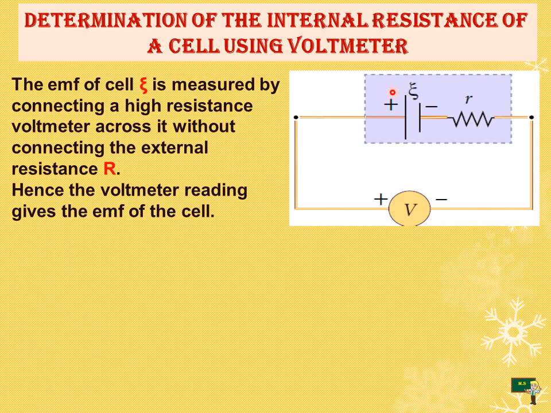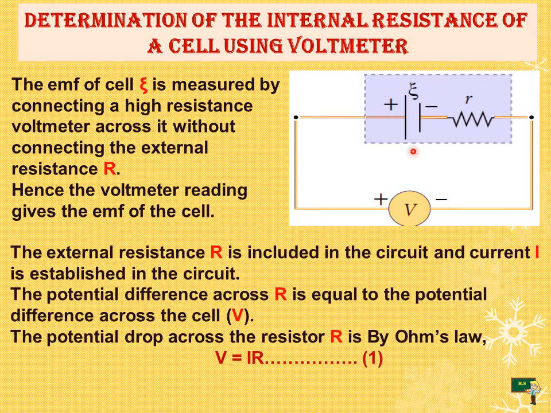This symbol is psi, the EMF of the cell, and it is measured by connecting a high resistance voltmeter across it without connecting the external resistance. We are not connecting the external resistance. Hence, the voltmeter reading gives the EMF of the cell.